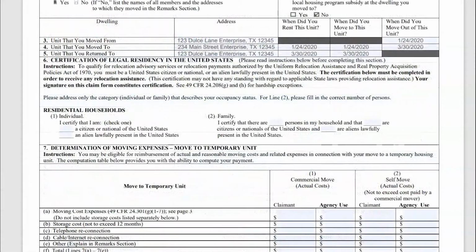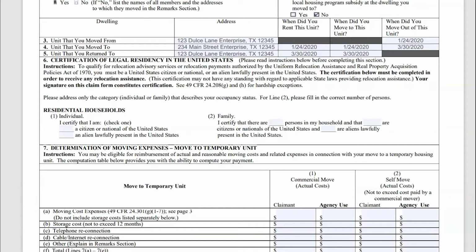Next is cell 6, Certification of Legal Residency in the United States. To qualify for relocation payments, the claimant must be a United States citizen or national, or an alien lawfully present in the United States. The claimant will sign to certify that they are certifying their legal residency in the United States.